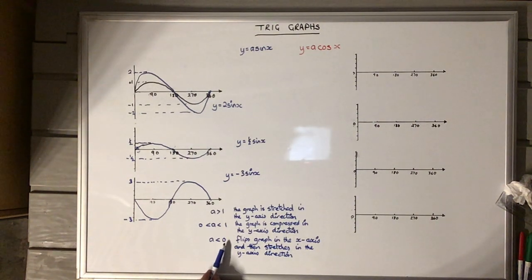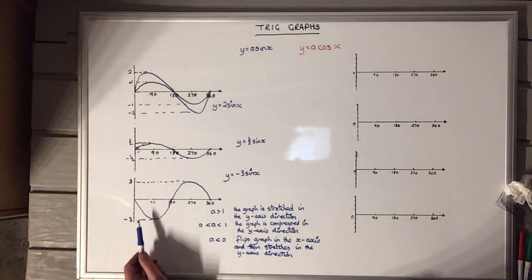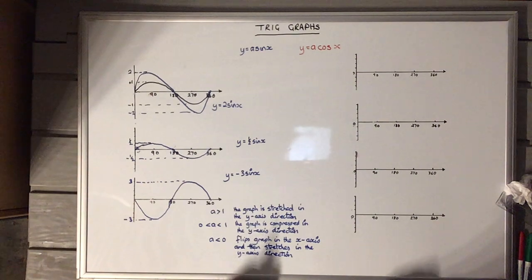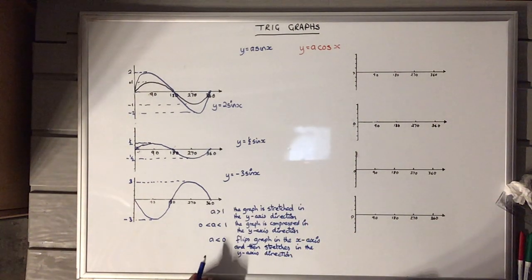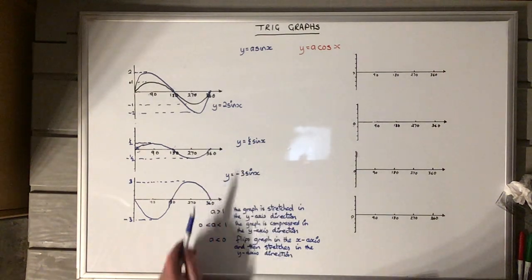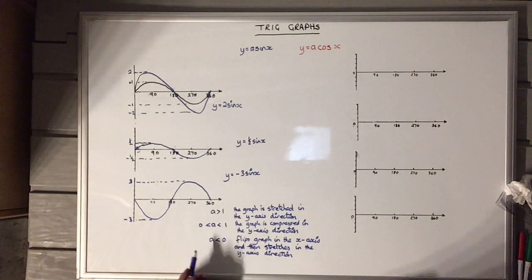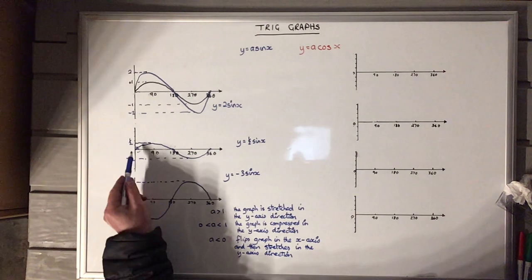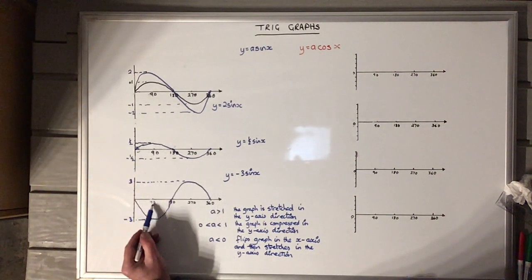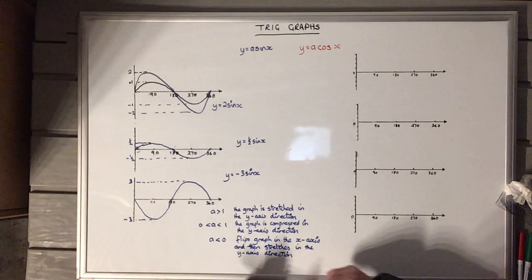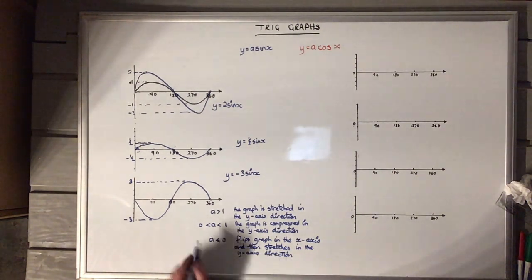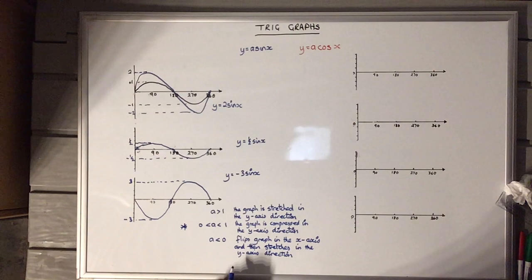And when A is less than 0, it flips it in the x-axis, and then depending on the magnitude of the value, it stretches it in the y direction. But remember, if A was -1/2, it would compress it. Because if it was -1/2, it would still be flipped, but it would be smaller than 1, therefore it would compress it. Okay, so there's the rules you have to know.